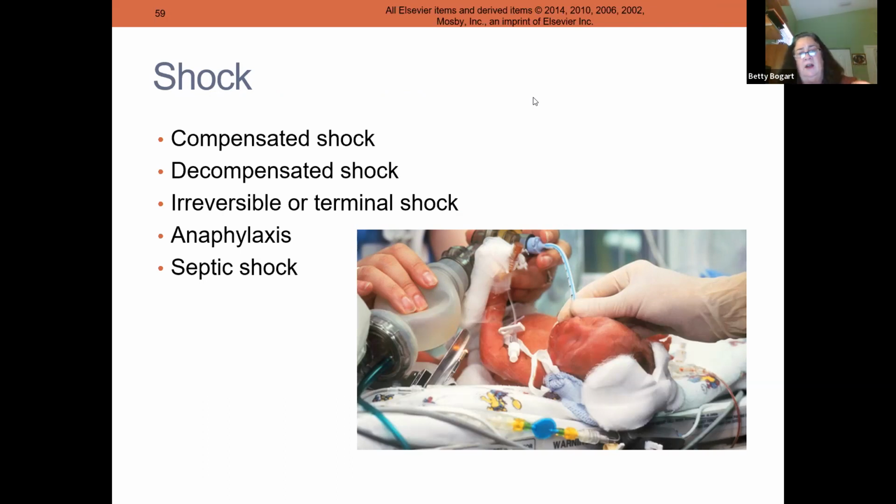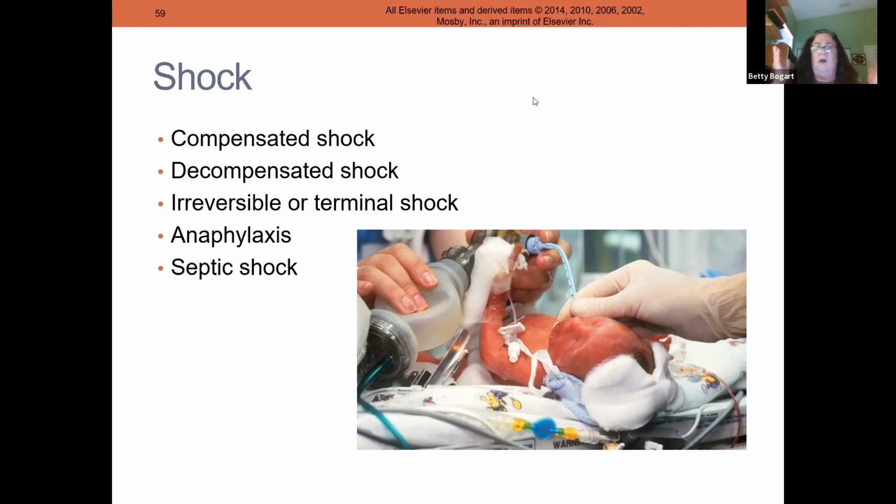Then the heart says, oh, let me make up for that blood pressure, let me have the heart rate beat a lot higher. You're also going to see decreased peripheral perfusion, so capillary refill is going to be so prolonged. Urinary output's going to be diminished or stop, and they can get confused because of lack of oxygen. These are all things you could see with shock.